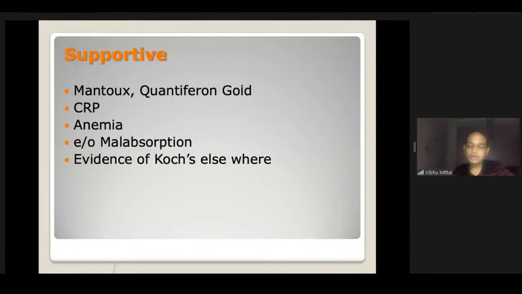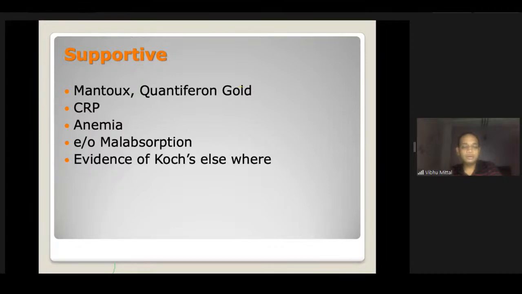So how do we go about diagnosing tuberculosis? We start with, as in any other situation, supportive evidence after a clinical history and examination. Supportive evidence would be sought for, and this becomes very important if in our differentials diseases such as irritable bowel syndrome are still there.